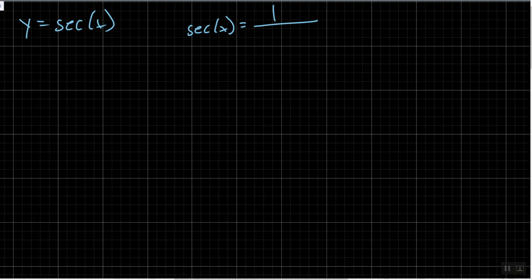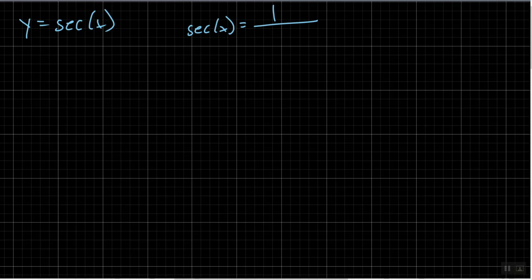Yes, except for tangent and cotangent. No, b is the number affecting our argument inside of the parentheses. Frequency is the reciprocal of the period.